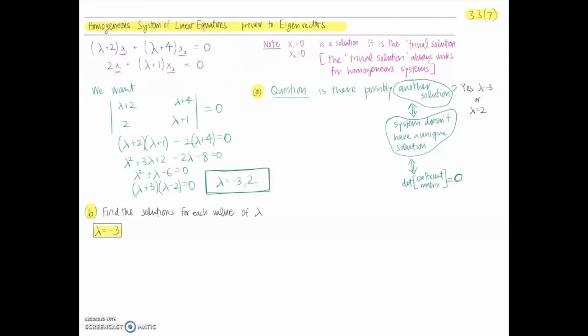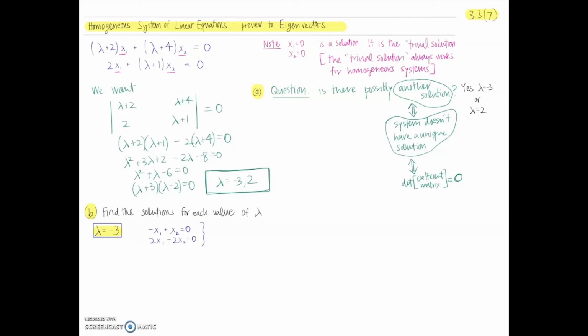And so that would be -3 plus 2 is -1, so that's negative x1, and -3 plus 4 is 1, plus x2 equals 0. And then the next equation would be 2x1, and -3 plus 1 is -2, so -2x2 equals 0.